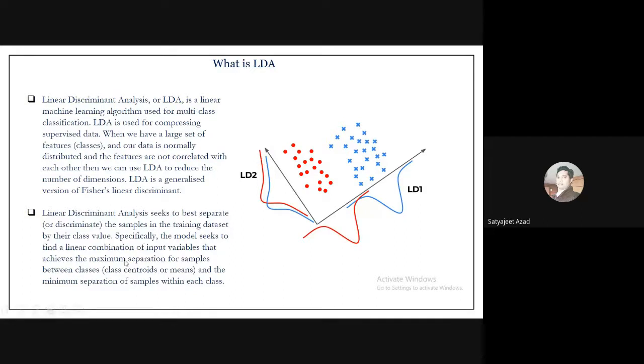In that case, they try to compress the data without reducing the original information. The model seeks to find linear combinations of input variables that achieve the maximum separation for the samples between the classes. That is basically based on means. I'll show you more visuals, then you will understand what I'm trying to say in LDA.